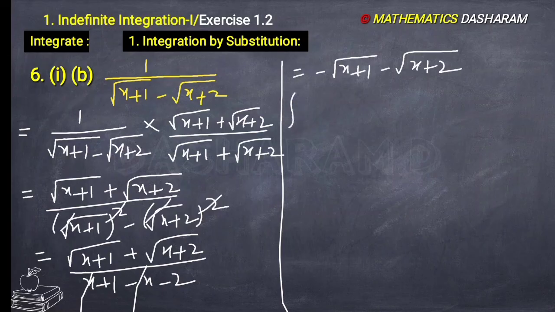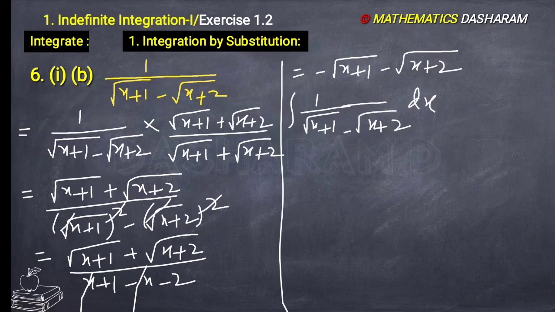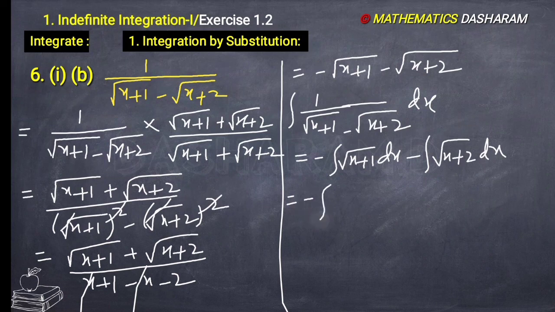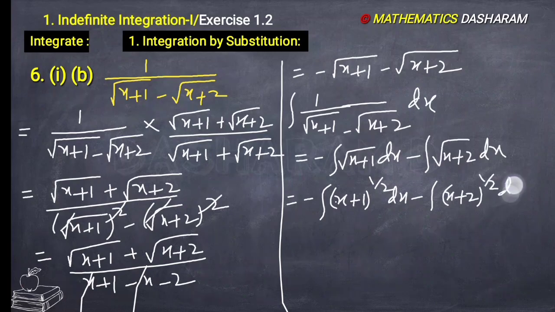Now do the integration for this result. So integration of 1 by under root(x+1) minus root(x+2) dx equals minus integration (x+1)^(1/2) dx minus integration (x+2)^(1/2) dx.